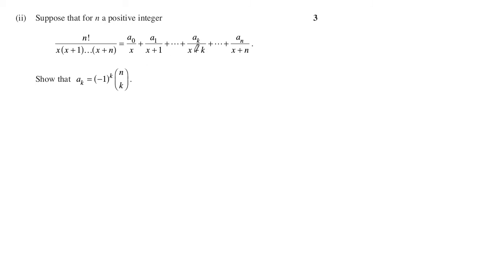When we multiply that one by that, the x plus k is going to cancel with the x plus k in here. And so what we want to do is set x to be minus k, because this is the only term that's not going to have the x plus k, because that will have cancelled. And that'll make all the other ones 0, because all the other ones will have an x plus k in them. So it's kind of hard to set this one out, because obviously we can't write all these out.